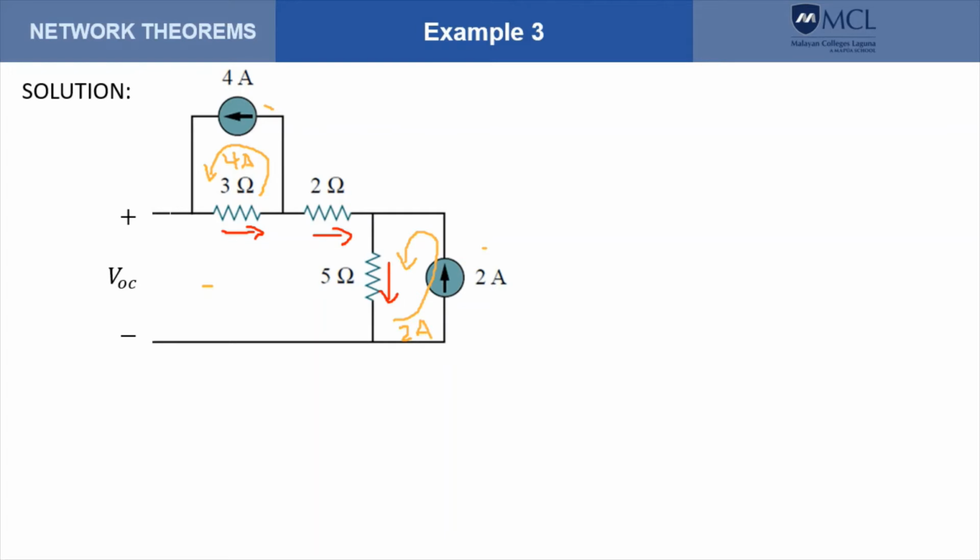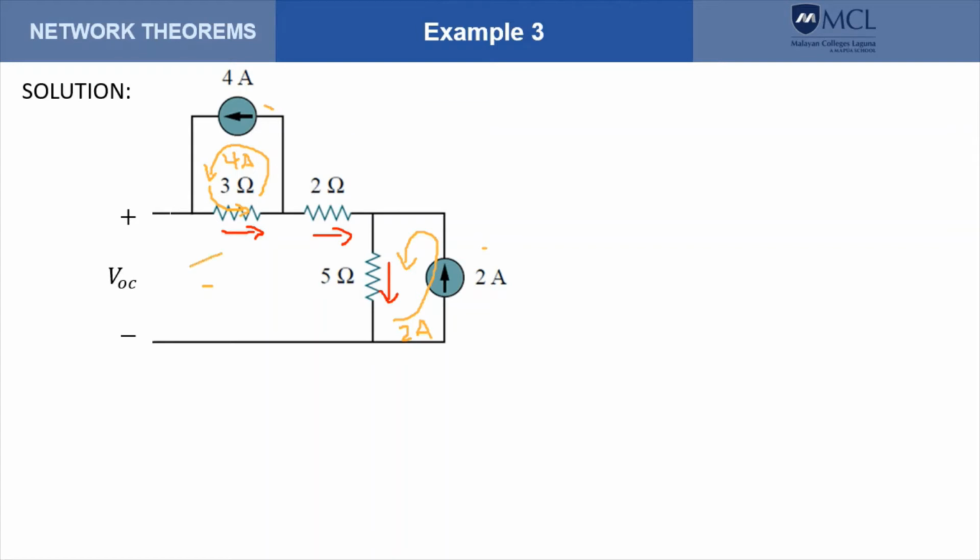To get the actual currents through the resistances, we determine the loop current that passes through the resistances. For example, the current that passes through the 3 ohms is the loop current, here, this is the 4 amperes.